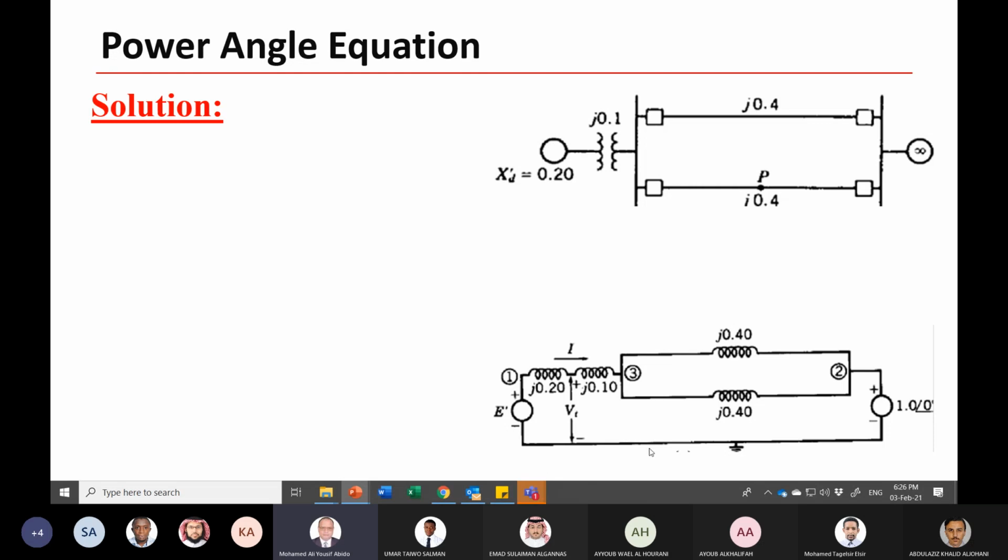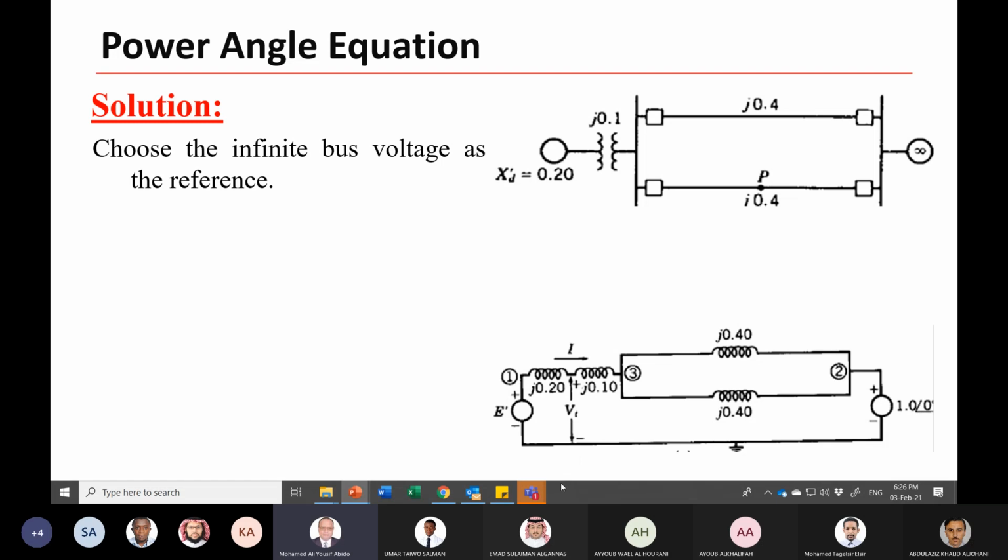So this is the impedance diagram: the generator, the transformer 0.1, and these two lines, and this is the infinite bus. Infinite bus means a voltage source, an ideal voltage source, as we mentioned earlier.